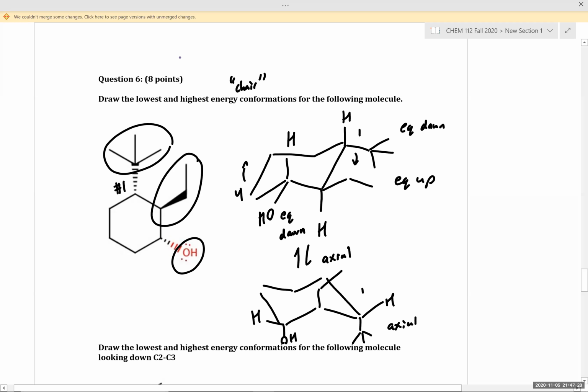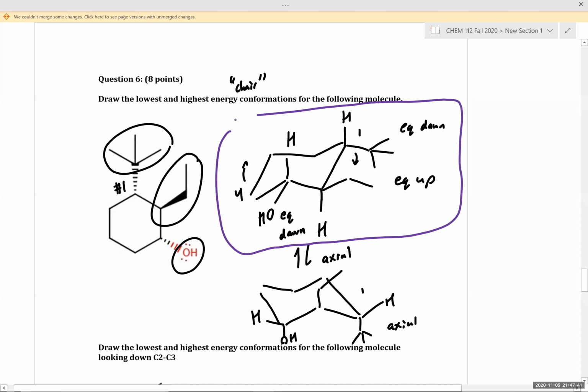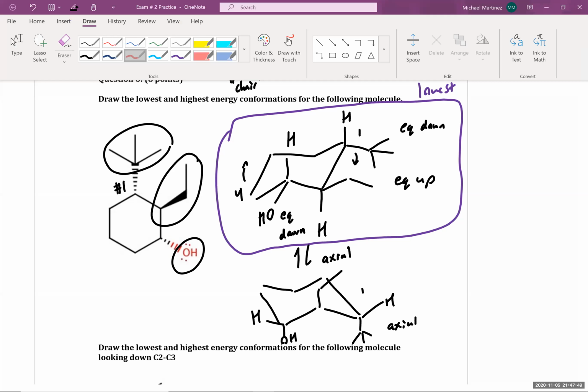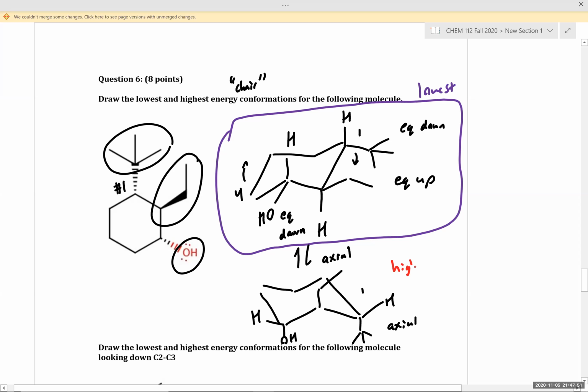The equatorial conformation or the axial conformation? Equatorial, exactly right. So this conformation, which has all equatorial substituents, will be the lowest energy conformation, while the chair conformation with all axial substituents will be the highest energy conformation. Does that idea make sense to everyone? Yes. Perfect.